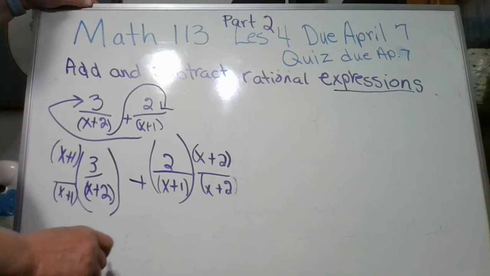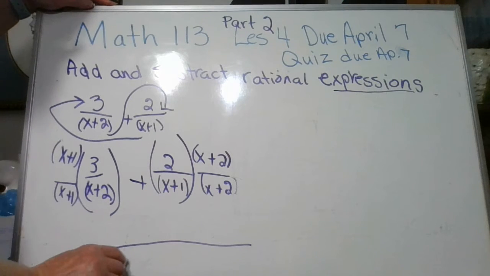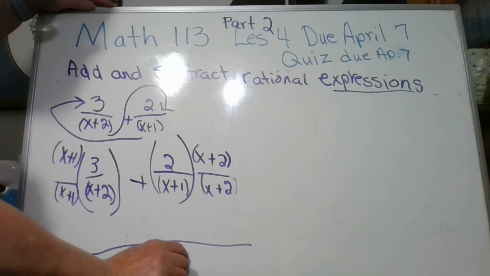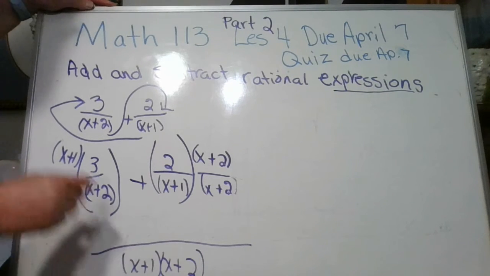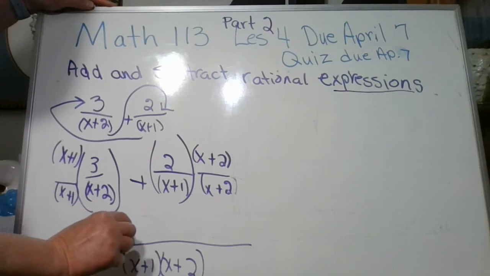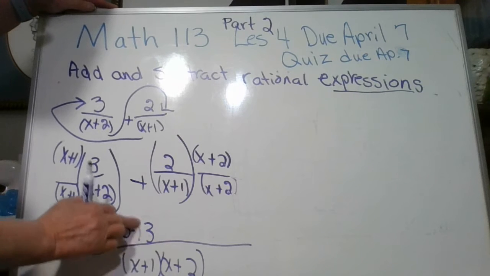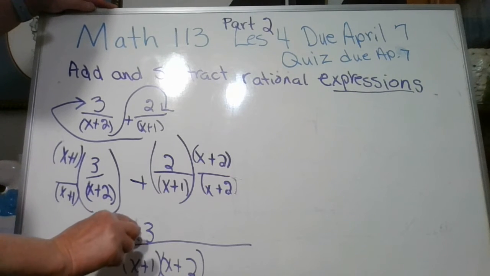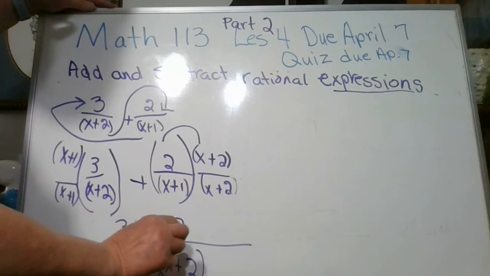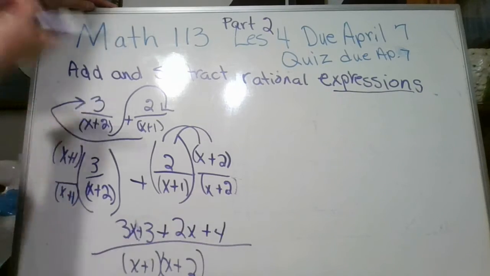Now, my denominator is common now, and I'm going to put it in place. X plus 1 times x plus 2, and on the top, I'm going to have to distribute. 3 times x is 3x, plus 1 times 3 is 3, plus, I'll be distributing here, 2x plus 4.